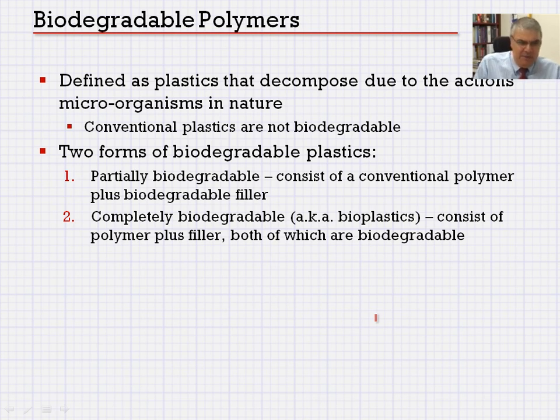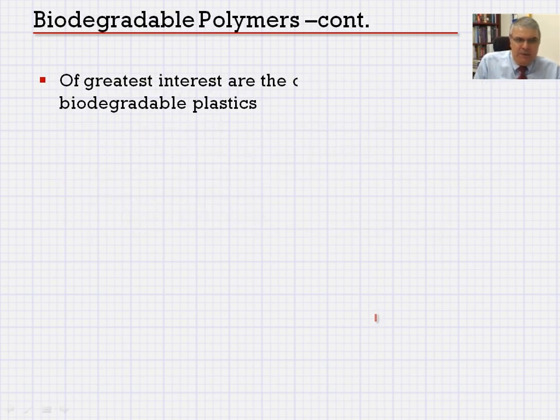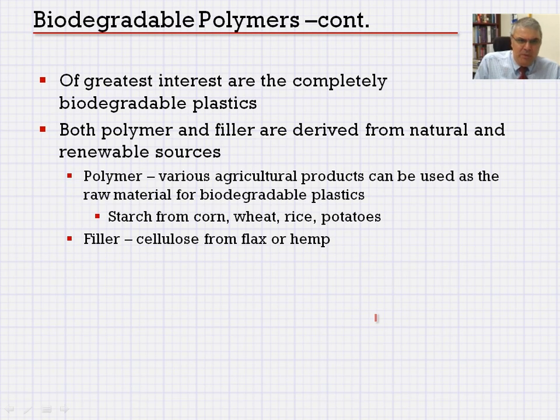And the completely biodegradable ones are made of kinds of polymers plus filler which are biodegradable. So as far as the recycling is concerned, of course, we are after developing products that are completely biodegradable. So biodegradable plastics are highly desirable.